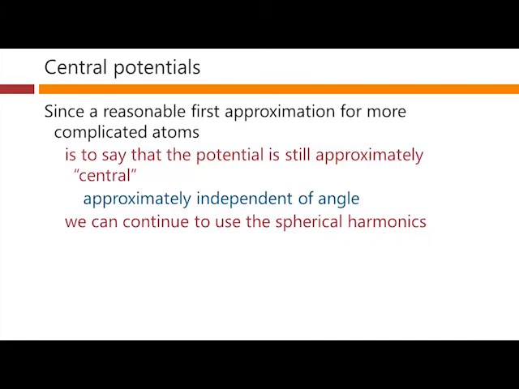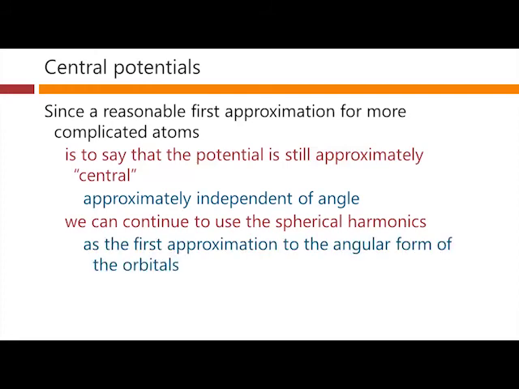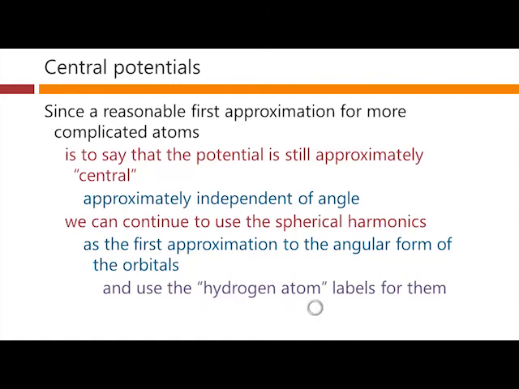We would still approximately, at least, be able to separate our equation for a more complicated atom into something that has spherical harmonics for the angular part and some other function we've not yet figured out for the radial part. But these spherical harmonics would still be the first approximation to the angular form of the orbitals, even in a more complicated atom. That means that we could still use, at least as a first approximation, the hydrogen atom labels for the orbitals even of more complicated atoms.